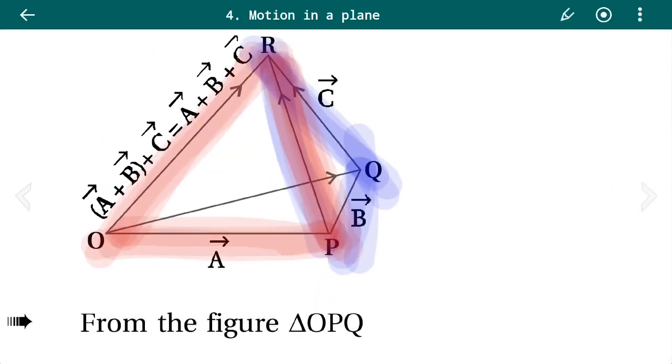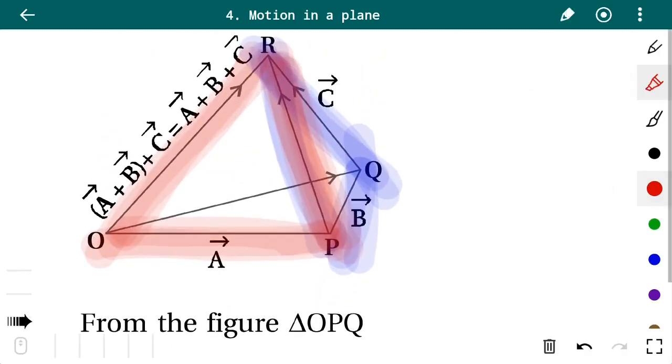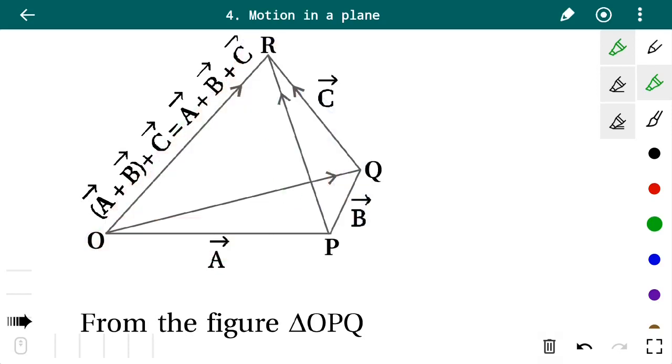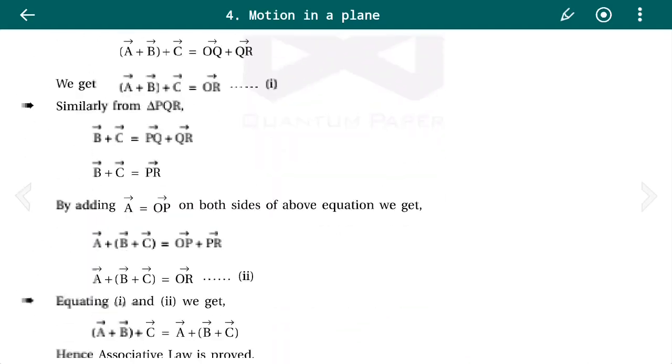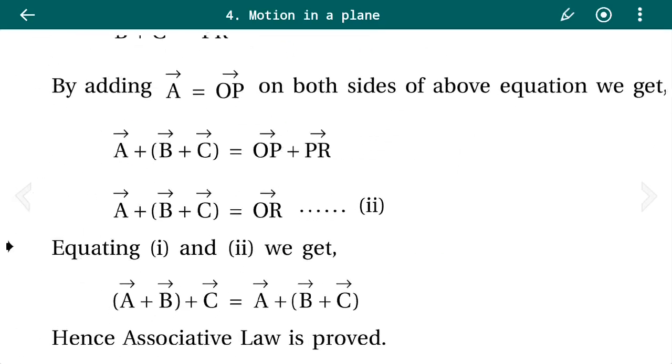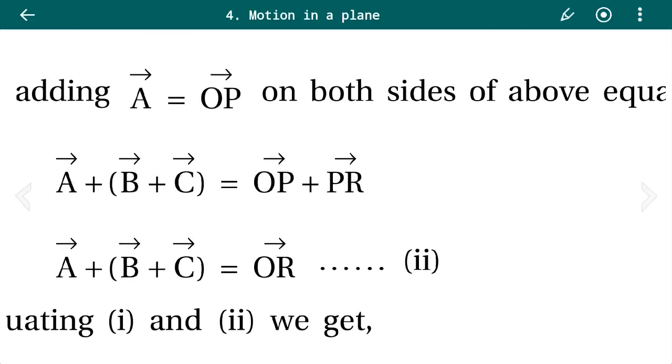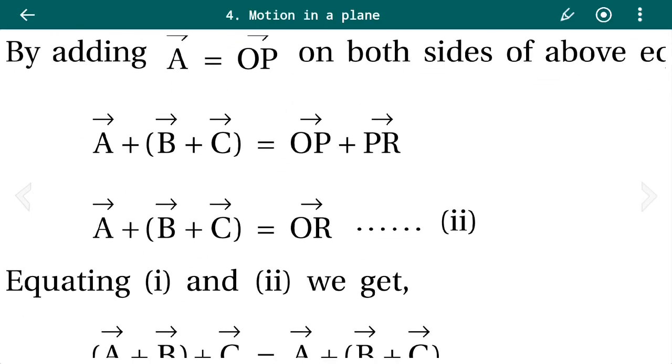From this figure, OP plus PR will be equal to OR. So we get equation 2, vector A plus in bracket vector B plus vector C is equal to OR.